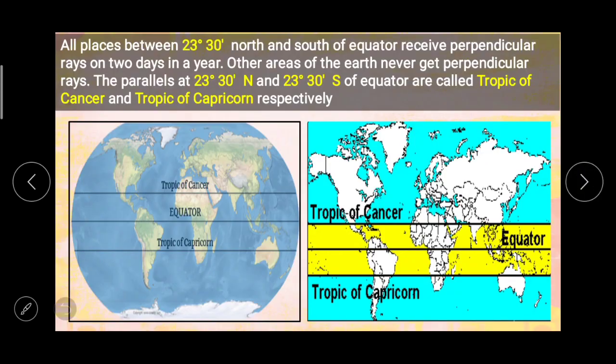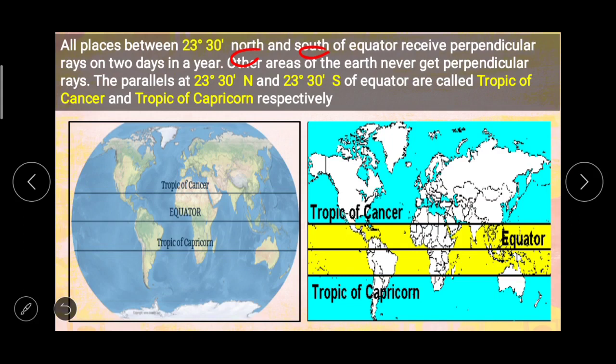And now let us get acquainted with some important parallels and meridians. All places between 23 degrees 30 minutes north and south of the equator receive perpendicular rays on 2 days in a year. Other areas of the earth never get perpendicular rays.